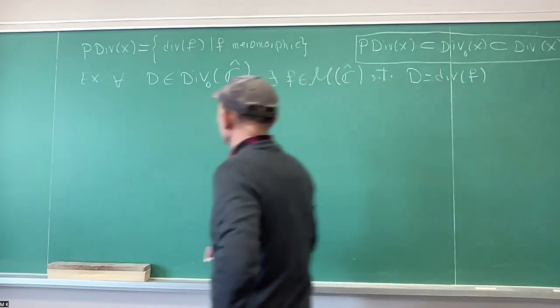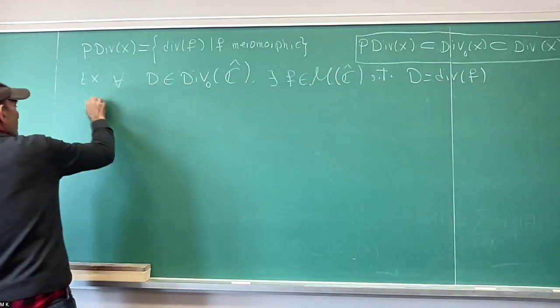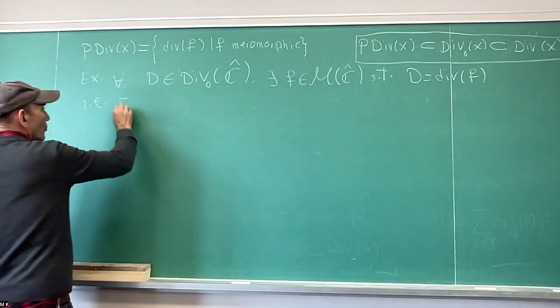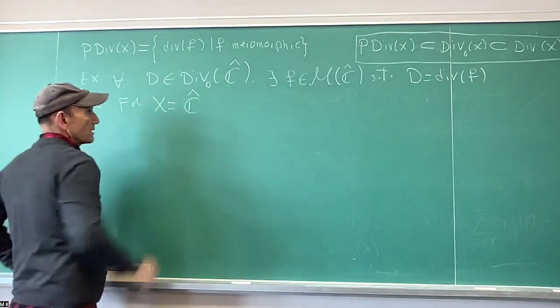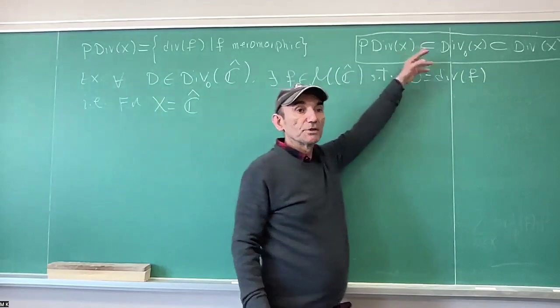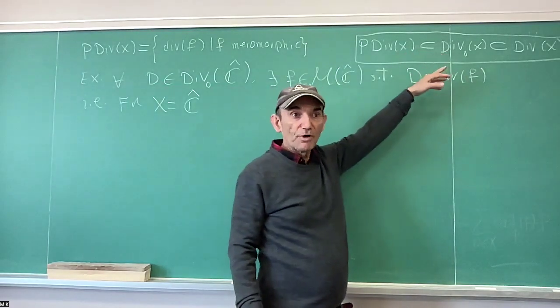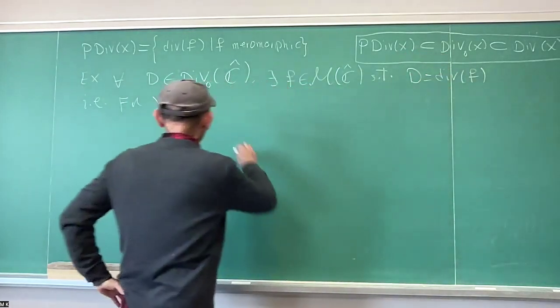So in other words, for X equal to C hat, there is no distance between the two. Principal divisors are exactly the degree zero divisors.